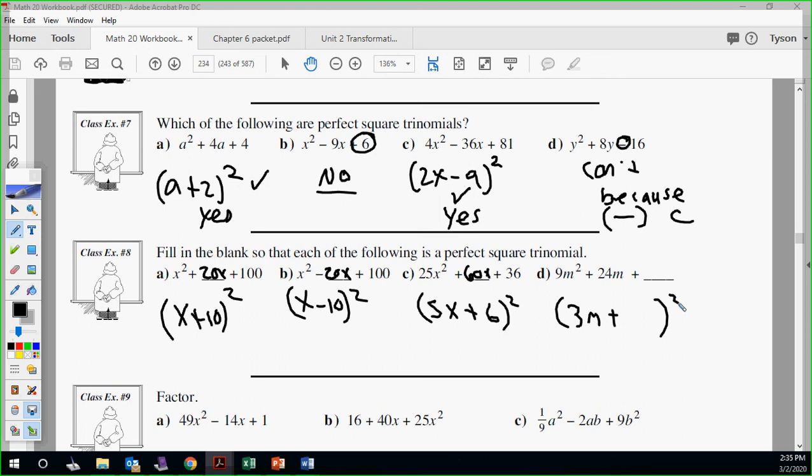Okay. 12. So you found that 24 divided by 2 is 12. What number times 3m is 12? 4. So that's what's 4 squared? So 16 is the number that goes there. Okay, you're still working around your patterns to fill in that missing value. Okay? All right, last piece here, and I'll stop talking.